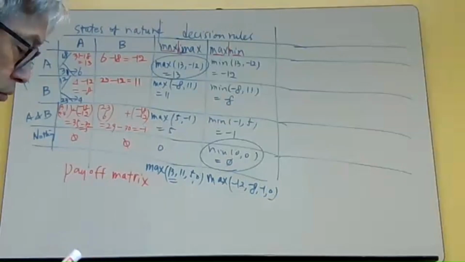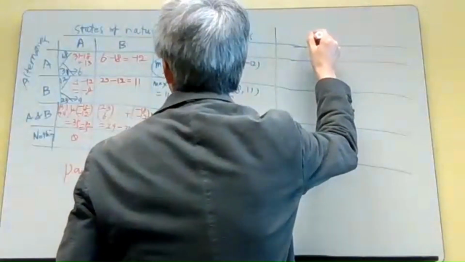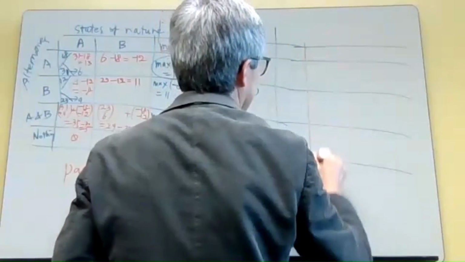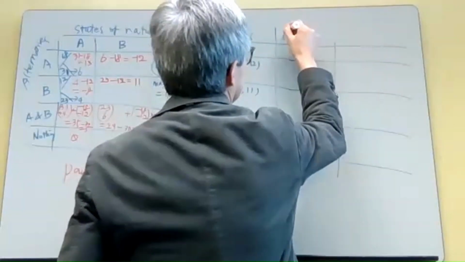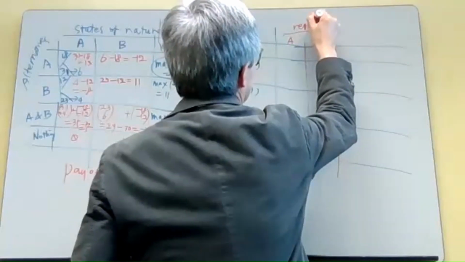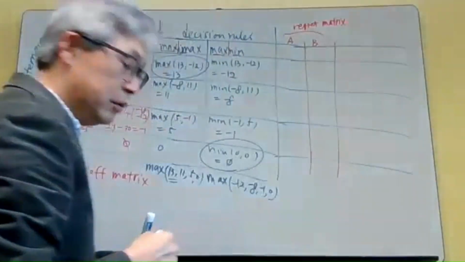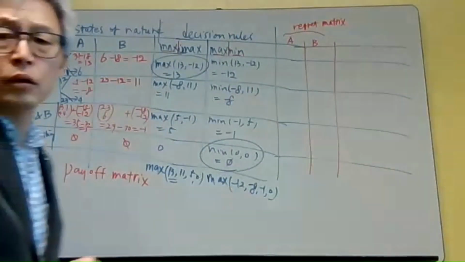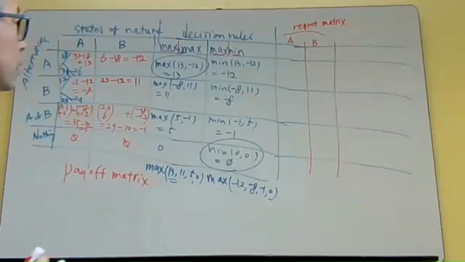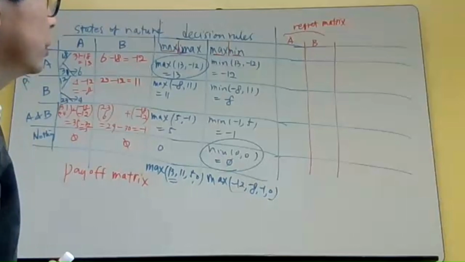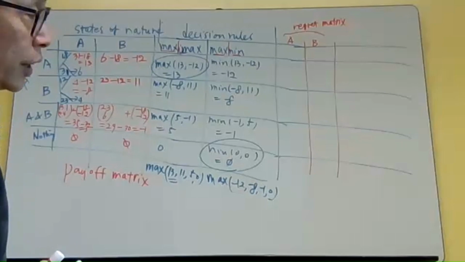So let's draw the regret table here, A and B. This is the regret matrix. So how do we calculate regret for each alternative on the states of nature.